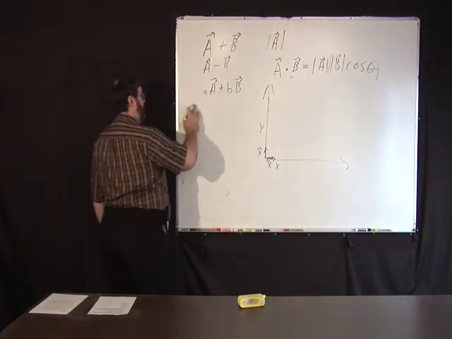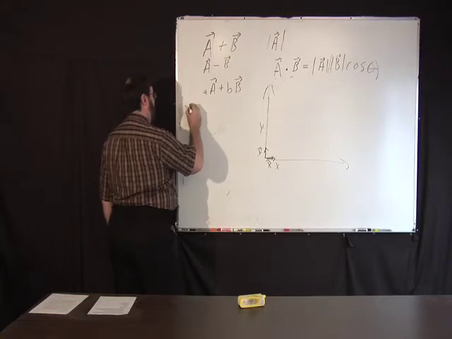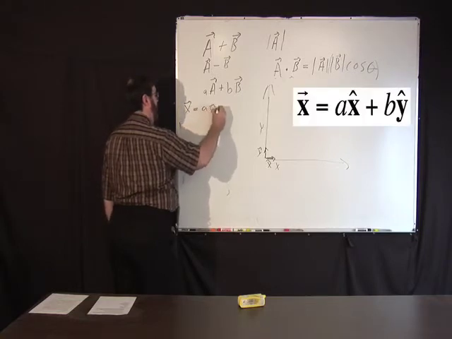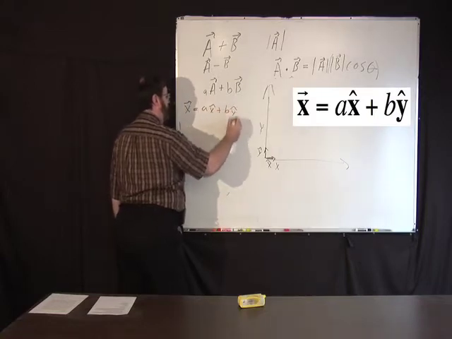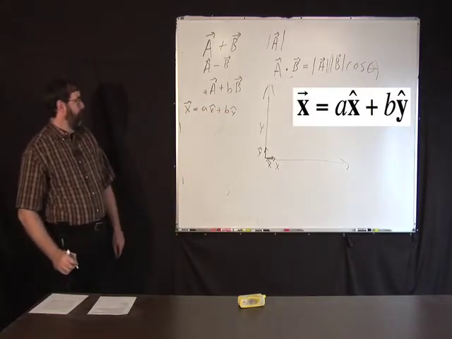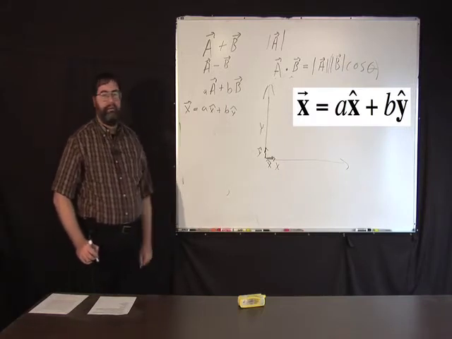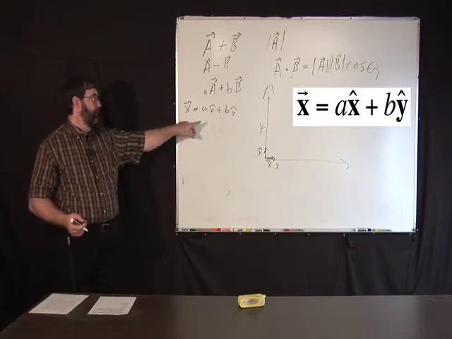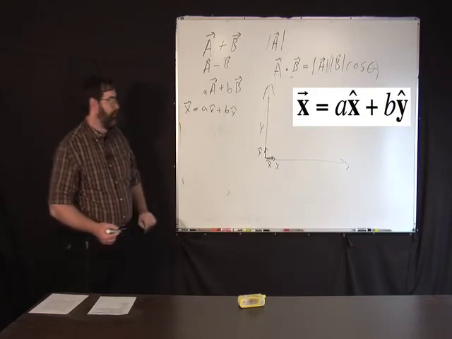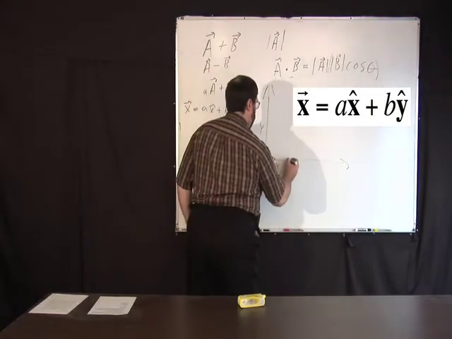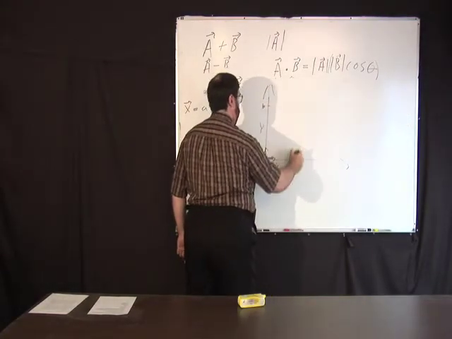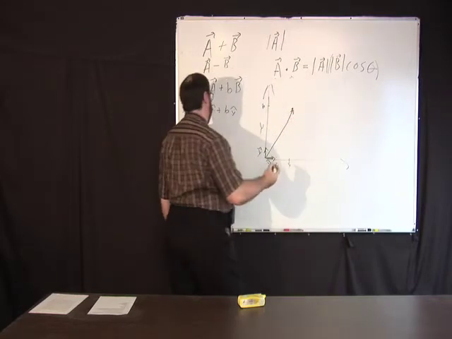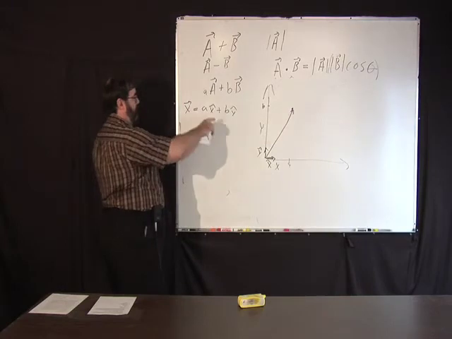So any arbitrary vector x is going to be a times x hat plus b times y hat in 2 dimensions. These numbers a and b are called the coordinates of the vector in that basis. So if you have a point here, a and b, and a vector, this is x.